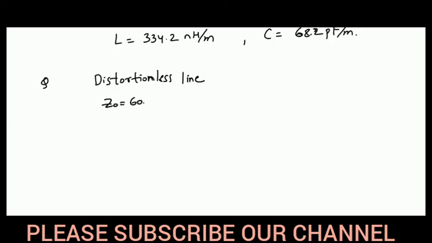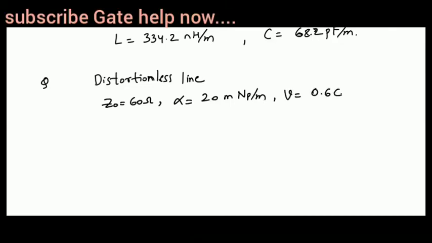Z0 is given as 60 ohm, alpha is 20 millineper per meter, velocity is 0.6 c. We have to find the value of R, L, G, C and lambda at 100 megahertz.